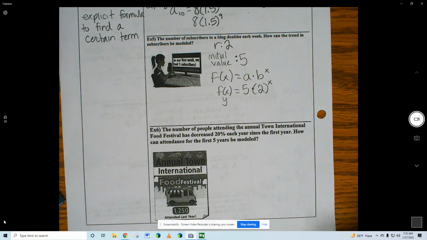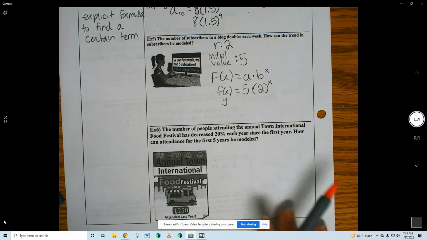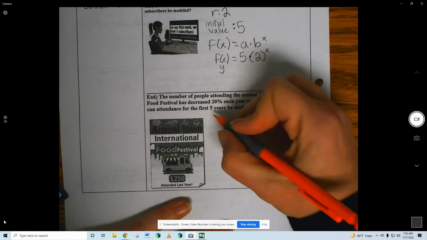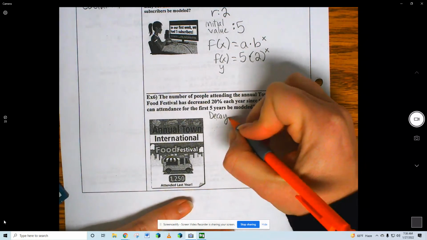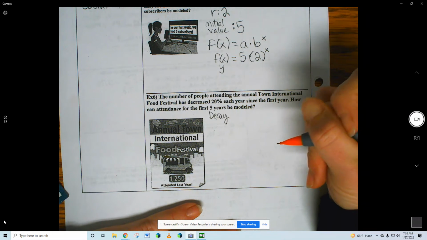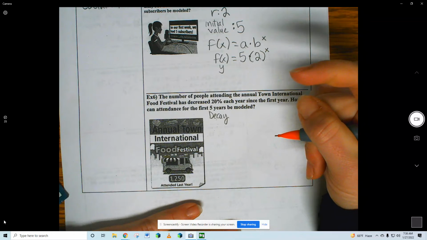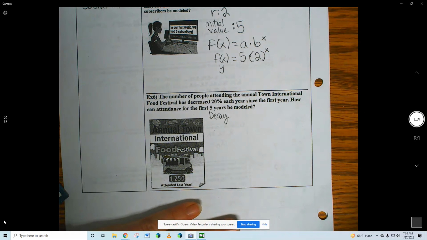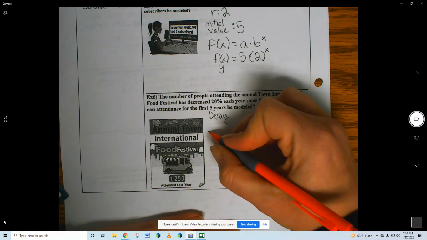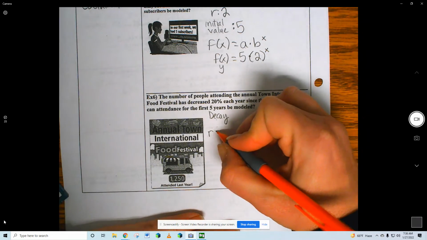Example 6, the number of people attending an international festival has decreased by 20%. This is decay. So let's do 1250, the first year. Ratio.